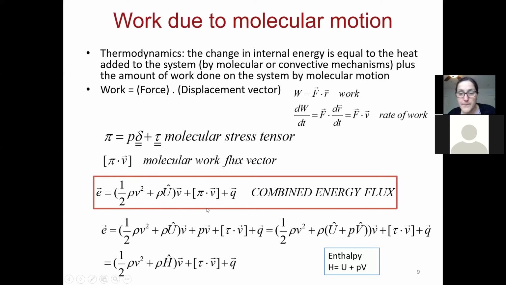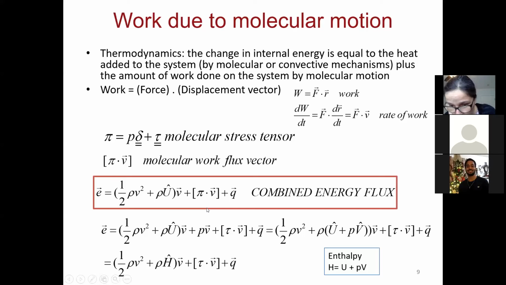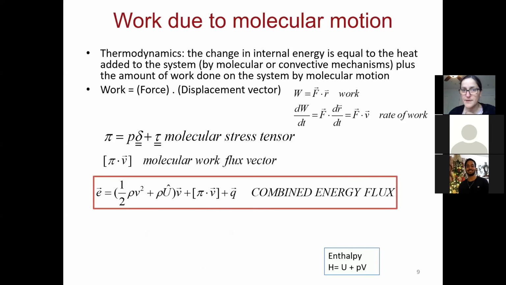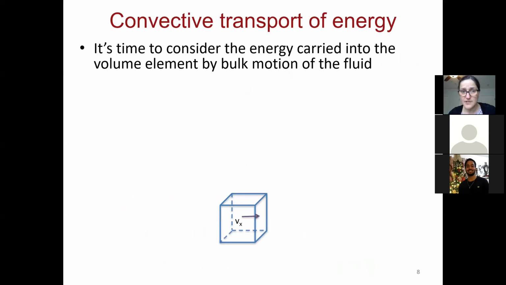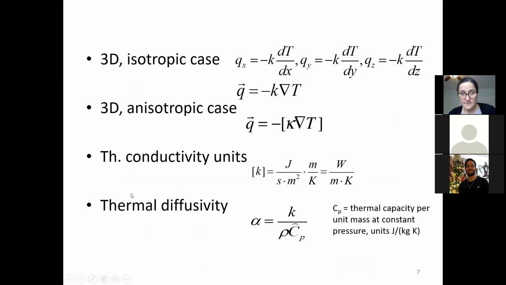And what are the units of flux? Whatever it is that you're measuring, per area per time. In this case, this is energy, so joule per area per time.